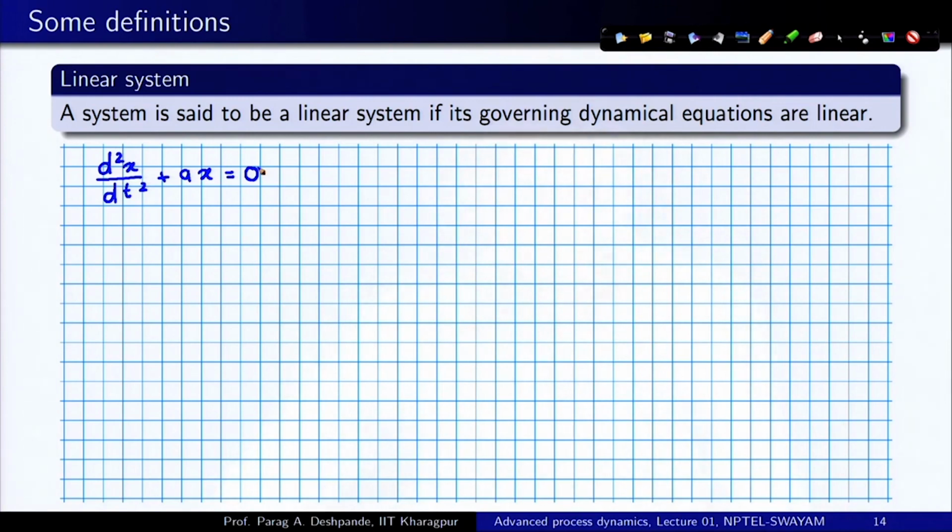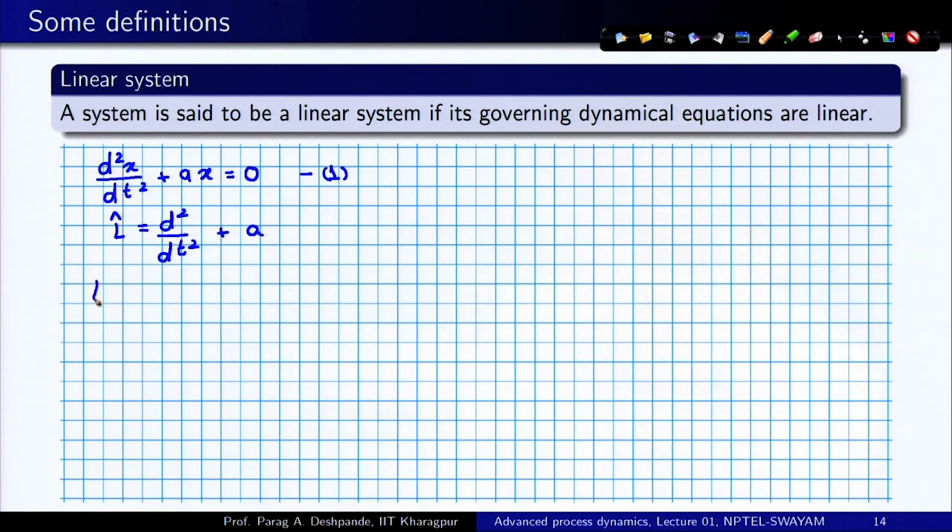As I said, I need to identify the operator. L hat is d 2 by d t squared plus a. L is an operator, which means I will have a quantity over which L would be operating.